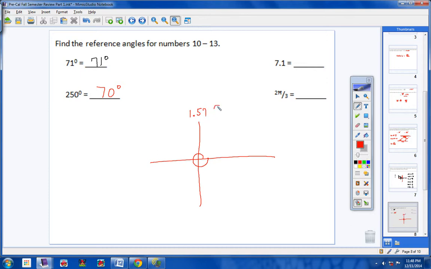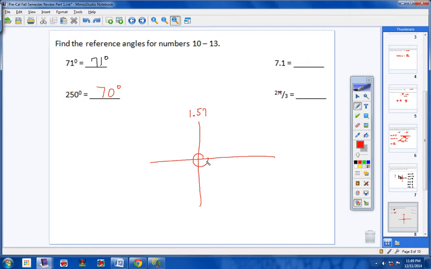How do I know that? Pi over 2. 3.14 divided by 2, 1.57. So every time I travel 90 degrees, I've traveled 1.57 radians. So if I go all the way around, that's 6.28. Okay? Now, how much further do I need to go?